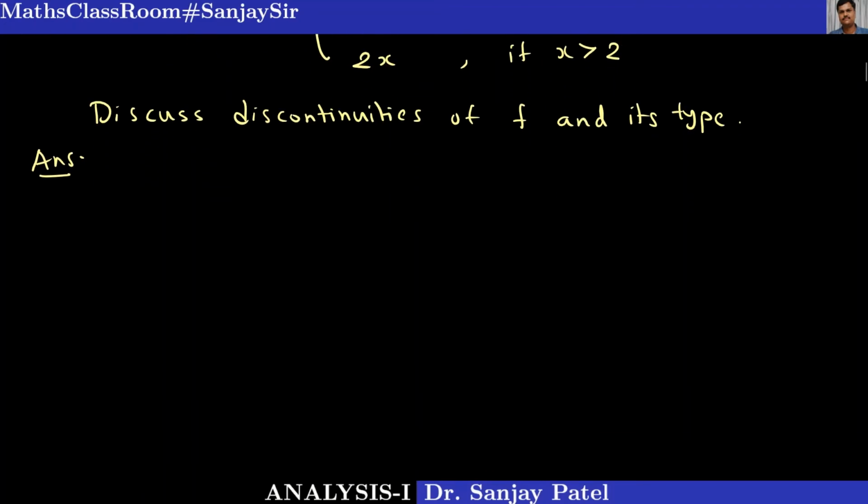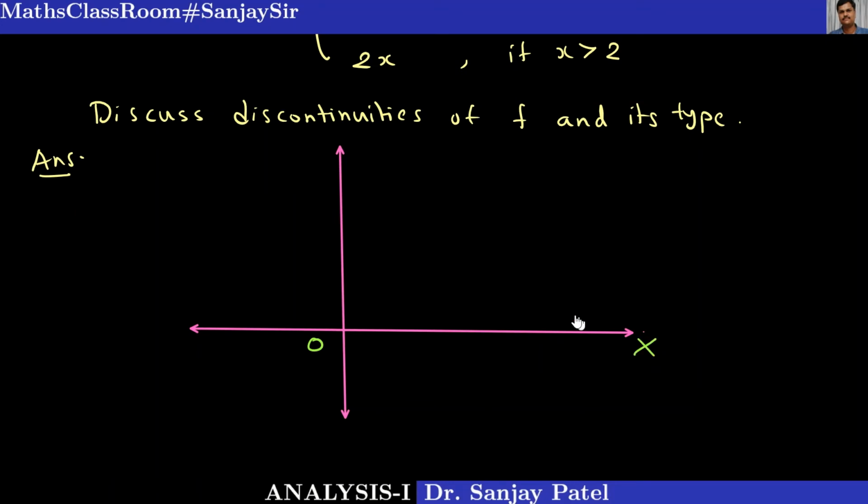So again, let us draw the y-axis. This is origin, this is x-axis, this is y-axis, and the right hand side of the function is y equal to 2x, this for x greater than 2.